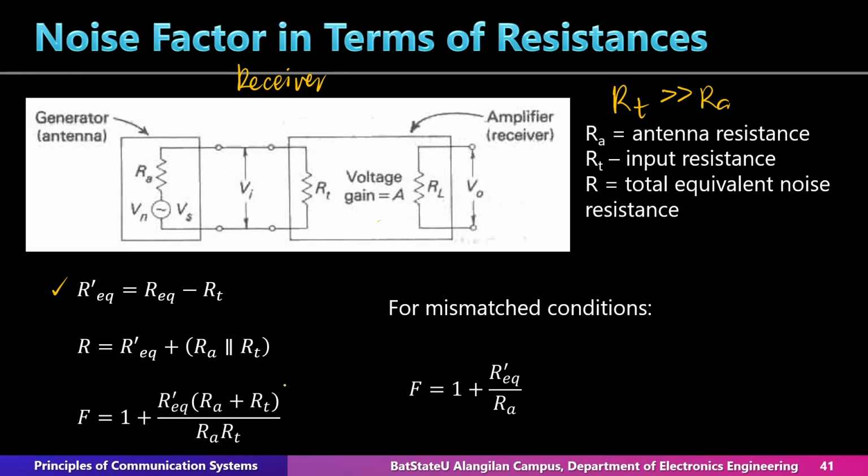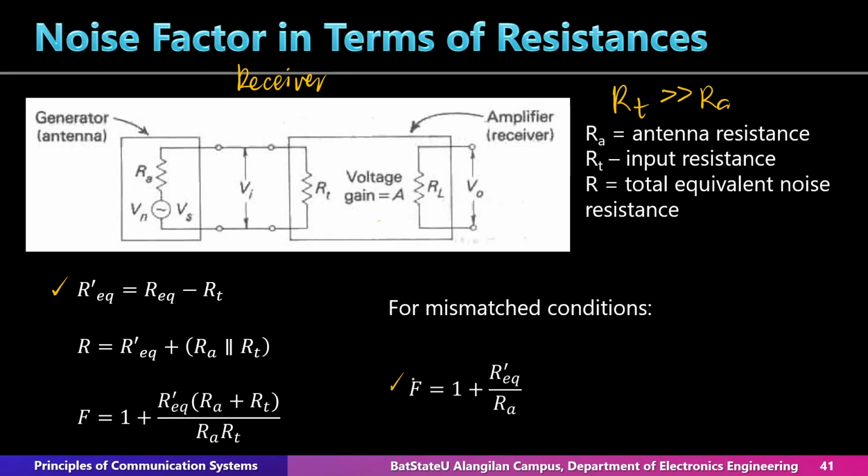Why? Because for mismatched conditions, this term becomes approximately equal to 1, because RT is much greater than RA. Now, if RT is much greater than RA, then itong (RA plus RT) over RT nagiging approximately equal sa 1, kaya ito na lang yung natitirang formula.